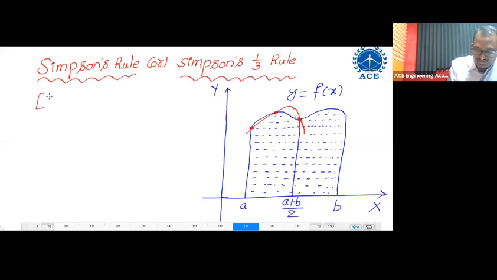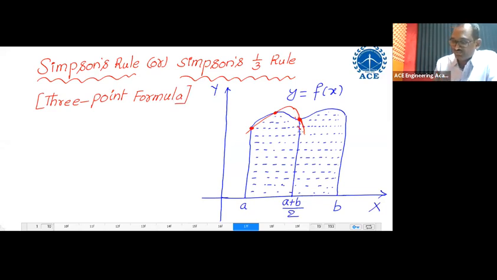That's why it is also called the 3-point formula. This is another parabola in the second subinterval.